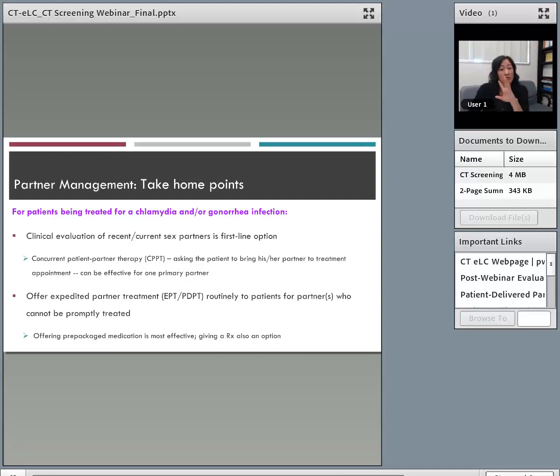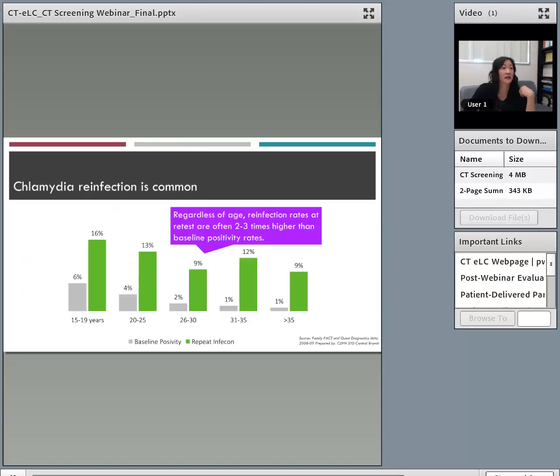If you have someone who's not going to bring their partner into clinic, then expedited partner therapy certainly works well. There's randomized controlled trial data that show that it reduces reinfection. For folks that you're not going to be able to treat promptly otherwise, I think it's a really great strategy. Offering medication to patients is the most effective, but giving a prescription is also a good option.